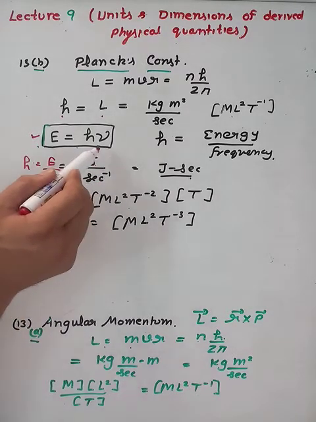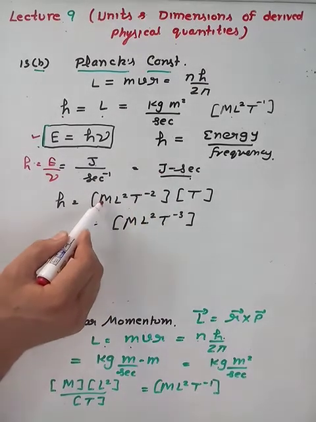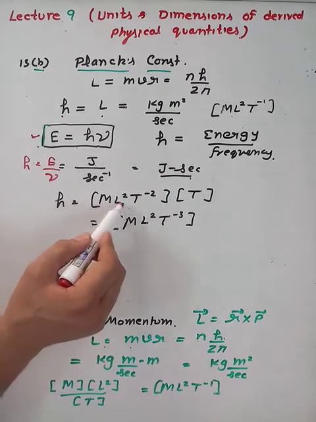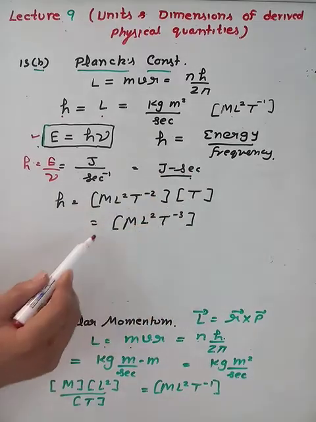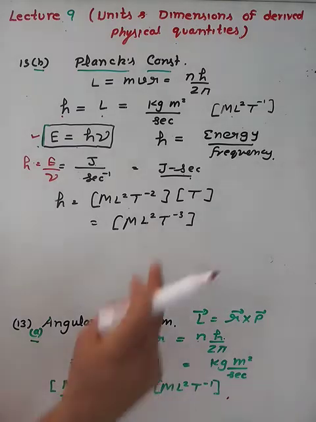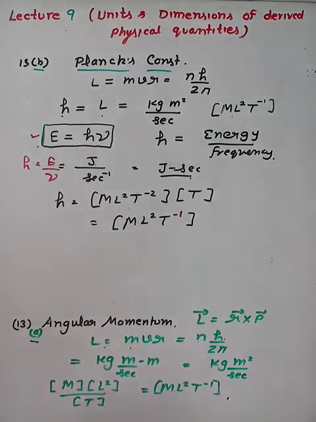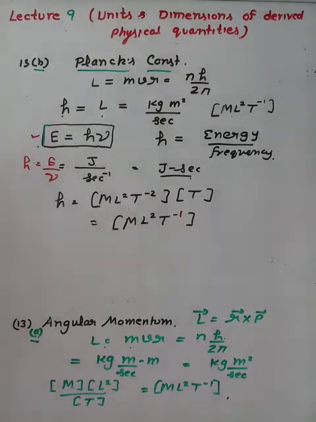Second minus 1 when moved to the numerator becomes second. Dimension of joule, that of energy, is M L2 T minus 2, that of second is T. We get M L2 T minus 1, same dimension as that of angular momentum.